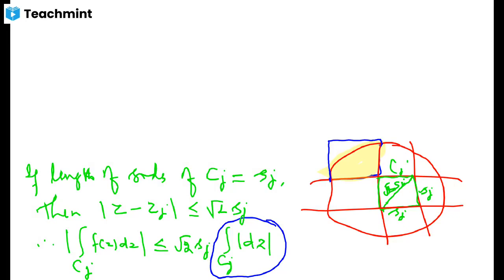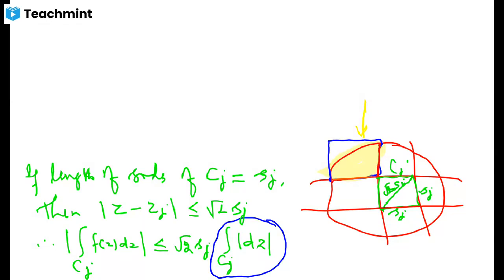In that case, the length of this part has to be this side plus this side and the part of this arc.